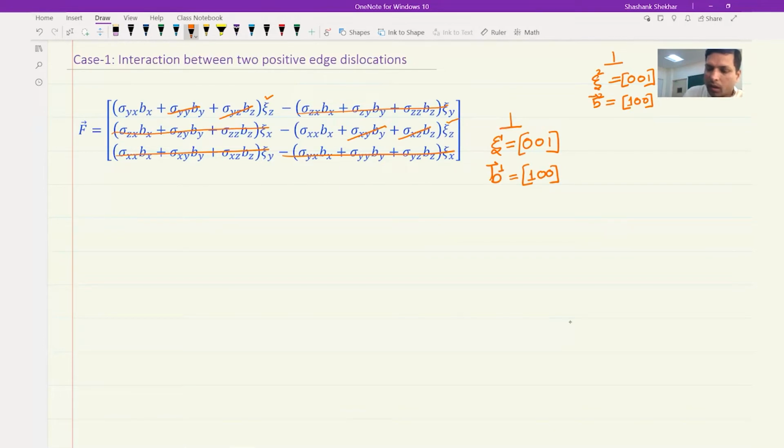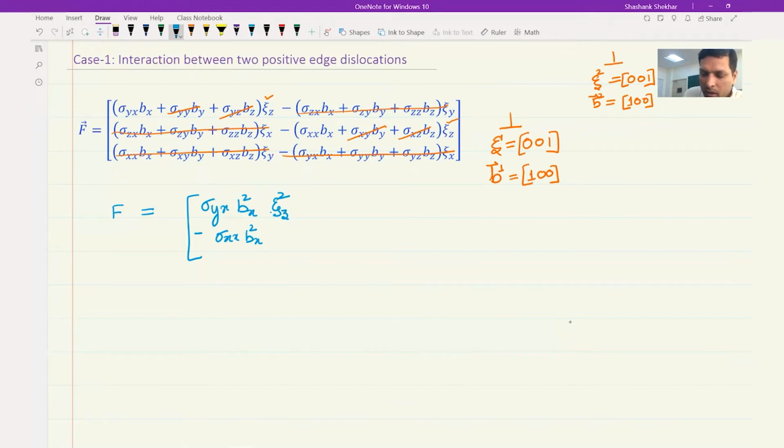So what we get is F is equal to sigma Yx dx, and to be sure I will now put the superscript 2, and the second quantity is minus sigma xx, and sorry, there is also this E component which is Ez, which is also for 2, and here similarly sigma xx and Bx, which is again superscript 2.